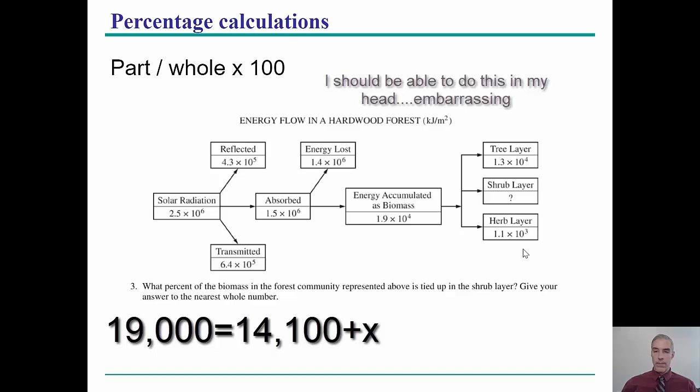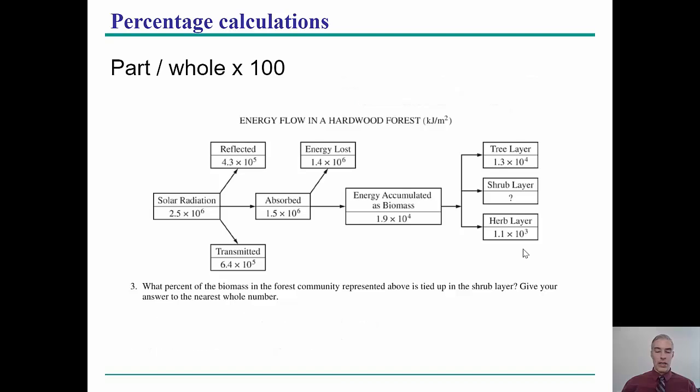Did I do that right? Yep. 19,000 minus 14,100, and you end up getting 4,900, or 4.9 times 10 to the third. Now, it says the nearest whole number, so you can just say 4,900 and you would get credit for that.